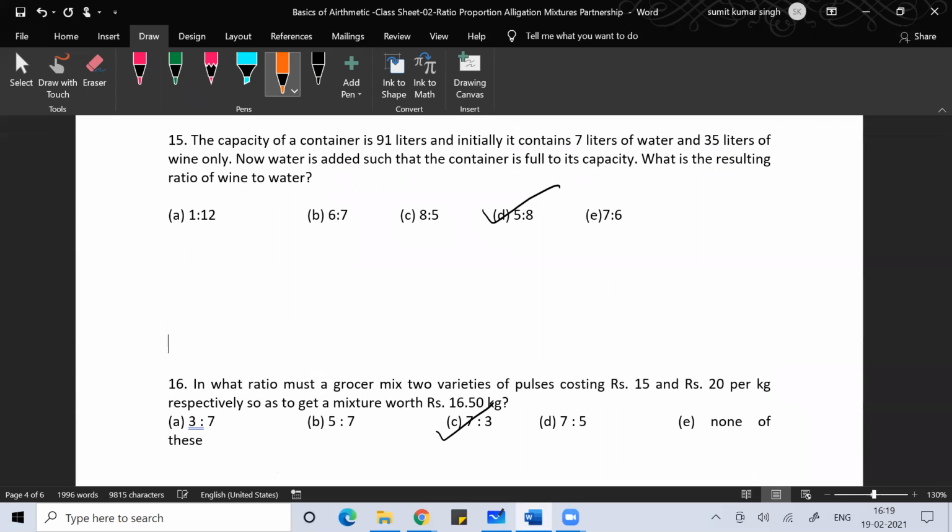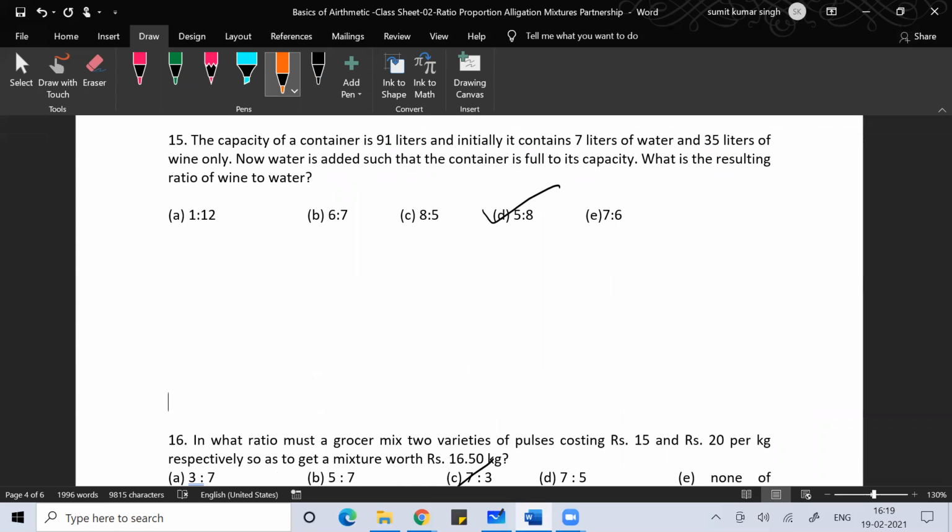The capacity of a container is 91 liters and it contains 7 liters of water and 35 liters of wine. So the capacity of the container is 91 liters.